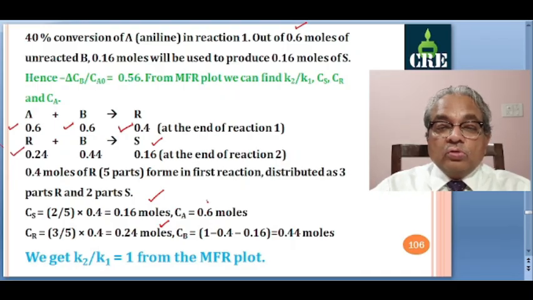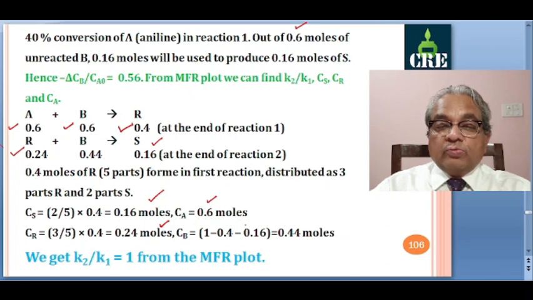Ca, you know, unreacted, that is 0.6. Now this we know, this we know. What about Cb? Cb, we start with 1. 0.4 is converted or reacted in reaction 1 and 0.16 in reaction 2.